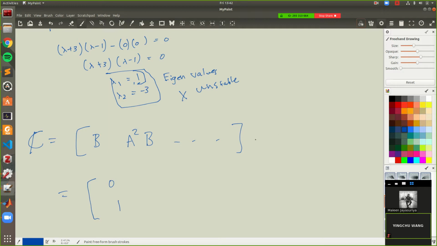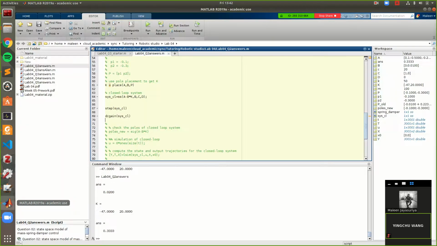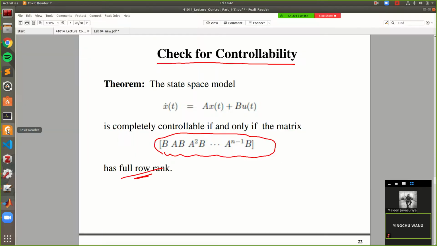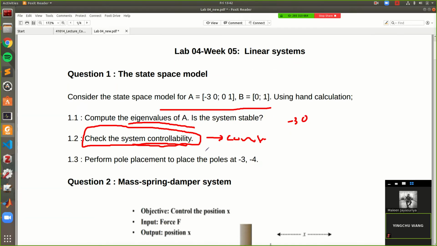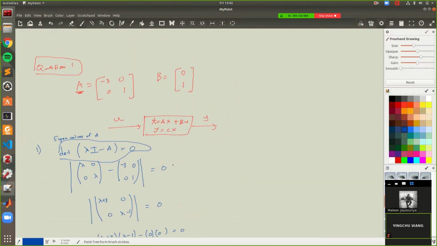A squared B is going to be... What is A squared?